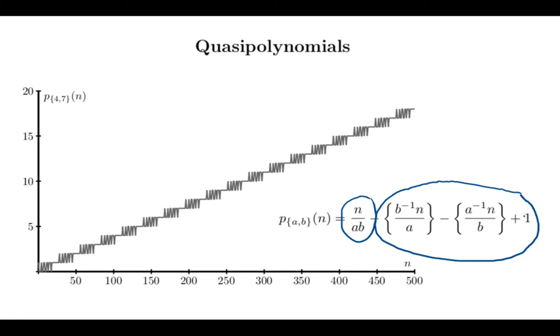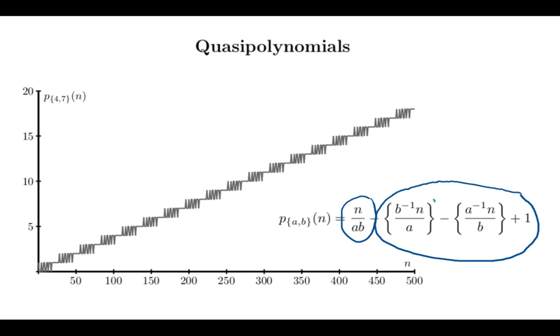So if you graph this, as we see in this picture, for the case a equals 4 and b equals 7, you see almost a linear function. It's a degree 1 polynomial, but there is noise, and this noise comes in the quote-unquote constant term of this polynomial. The constant term is a periodic function in n, and the periodicity comes from this fractional part function.